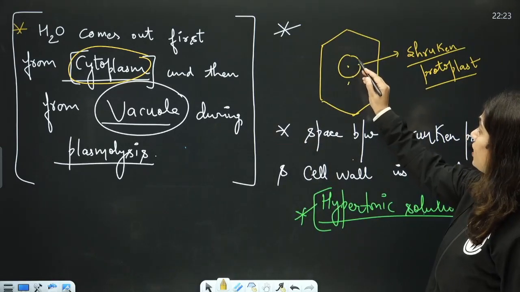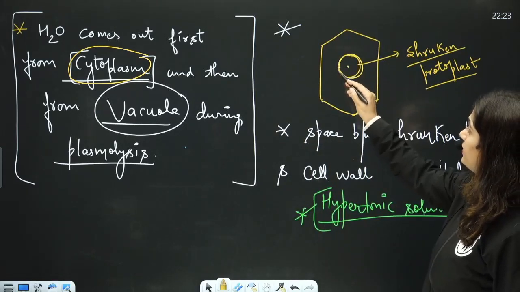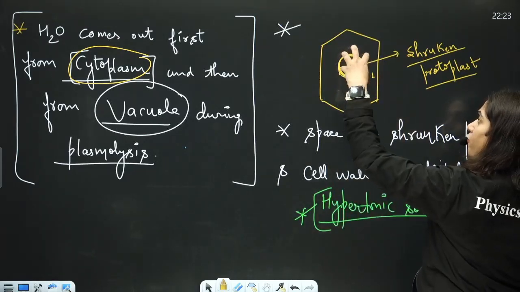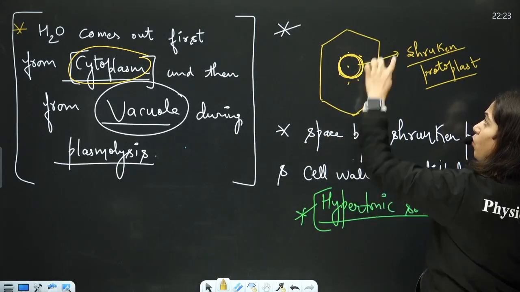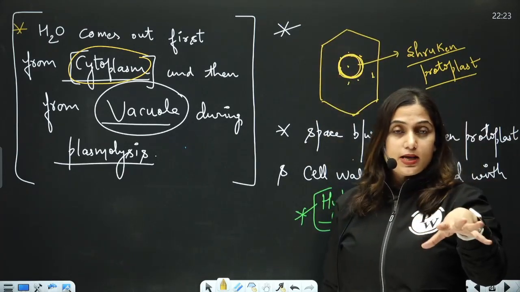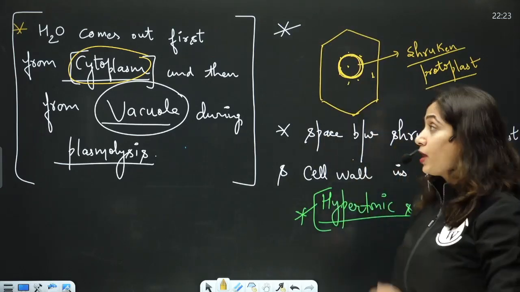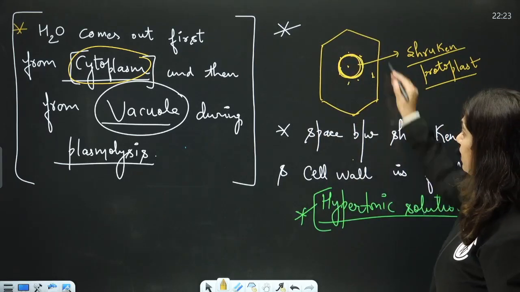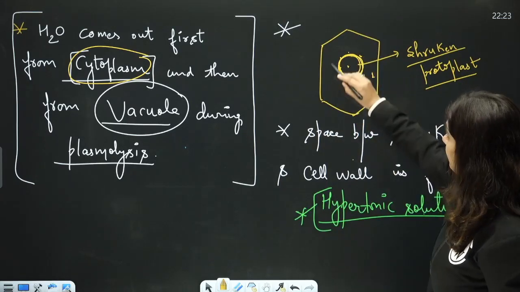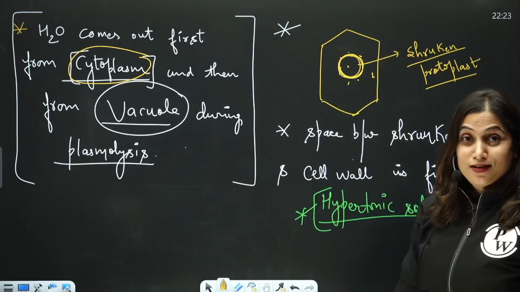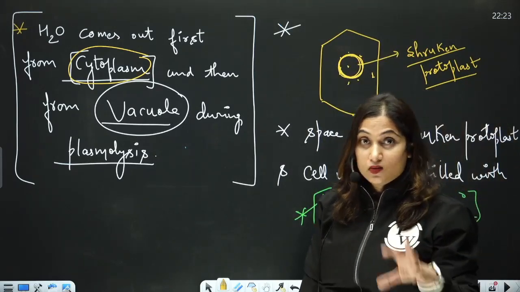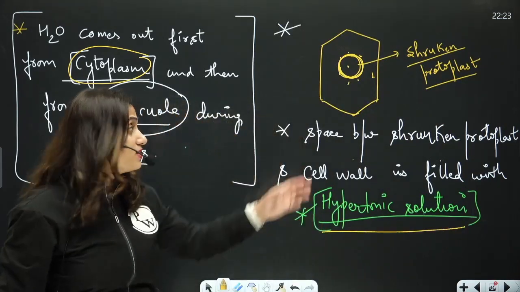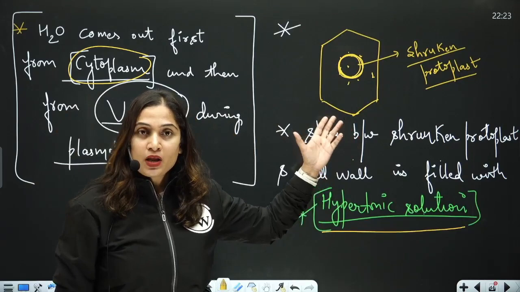This is the shrunken protoplast. The protoplast has shrunk and formed a ball-like structure, and this is the cell wall. There is no effect on the cell wall because the cell wall is already a dead layer. So there is a space between this shrunken protoplast and the cell wall, and this space is filled with hypertonic solution, because the cell wall is a fully permeable wall.